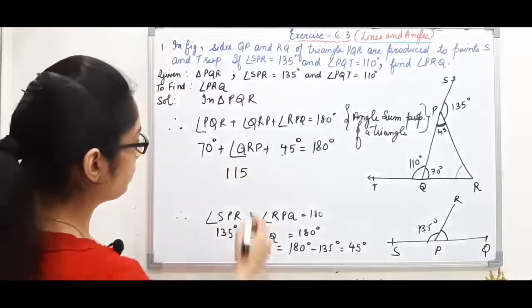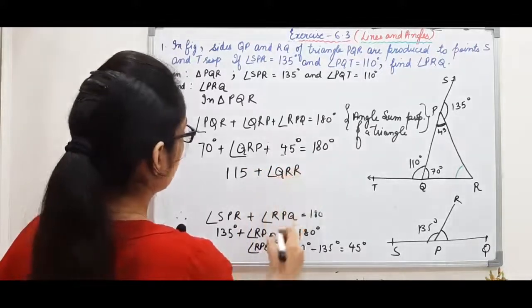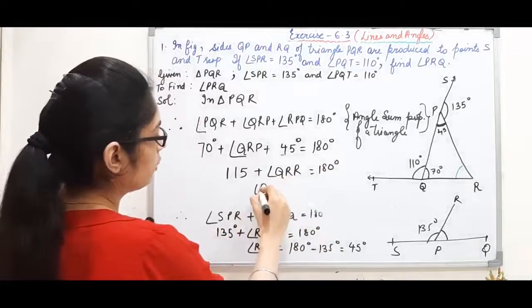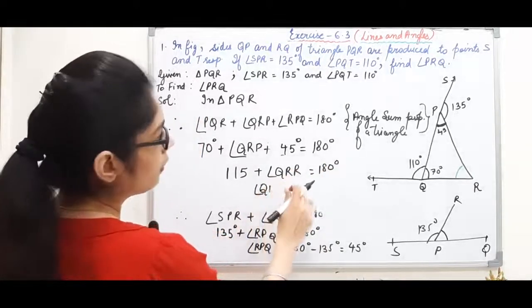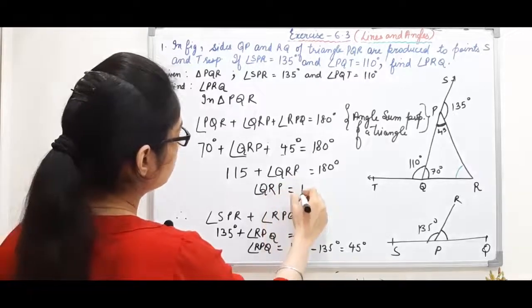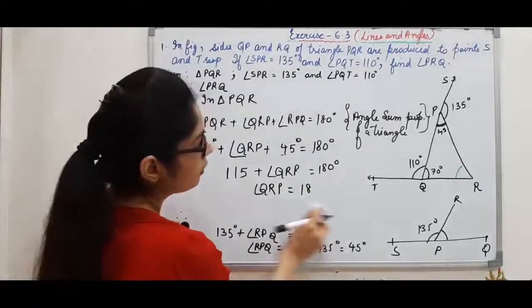115 plus angle QRP is equal to 180 degrees. Now we need to find the value of angle QRP. So we'll keep QRP on this side and we'll shift 115 to the other side.